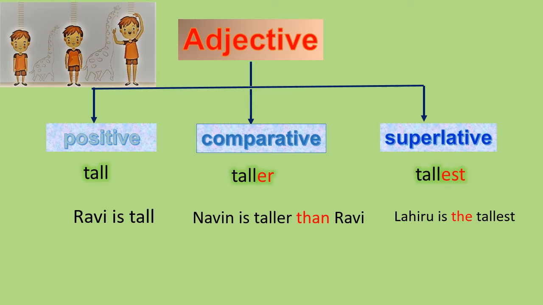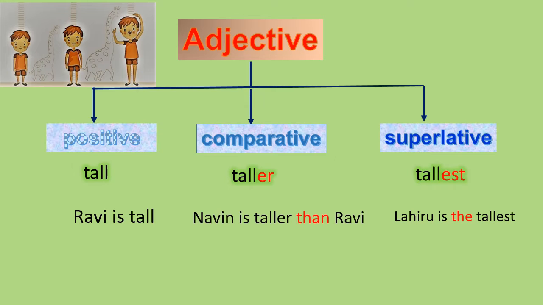An adjective has three forms as positive, comparative and superlative. A positive adjective stands alone, as you can see the example tall. Ravi is tall. A comparative adjective is used to compare two things.